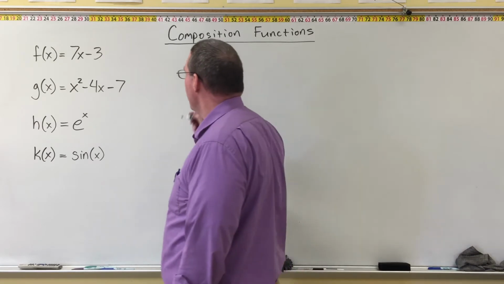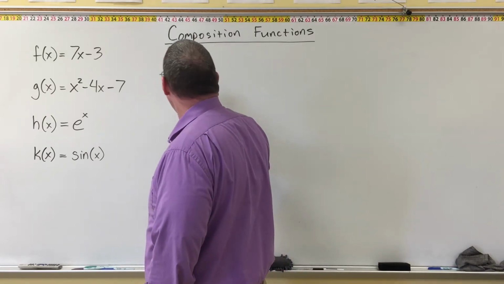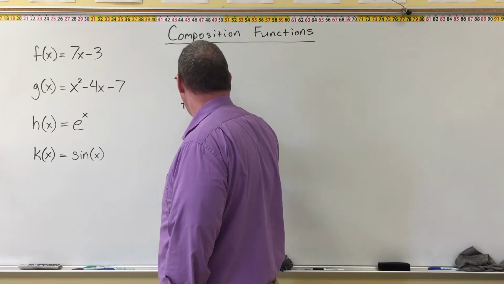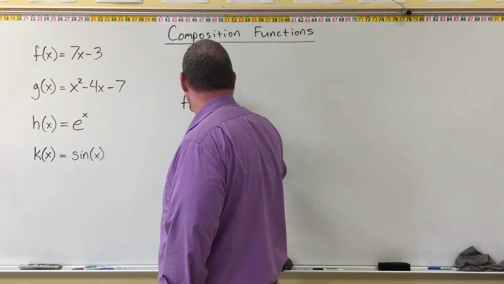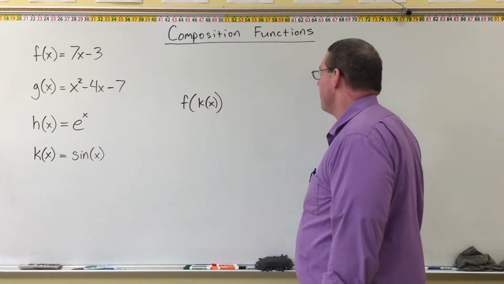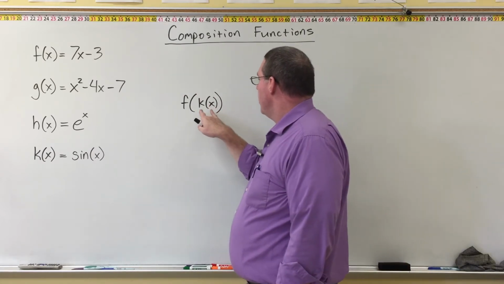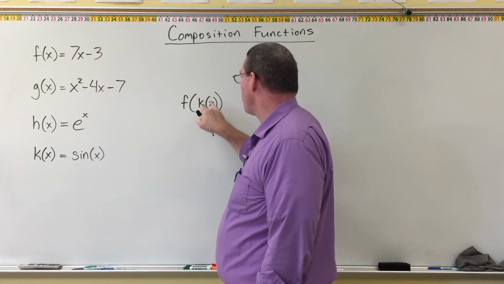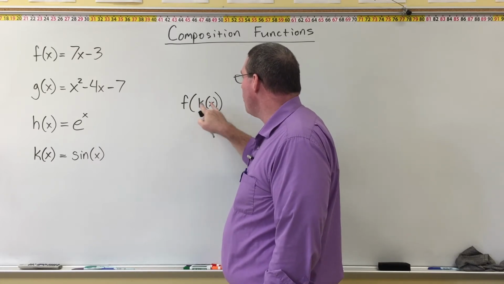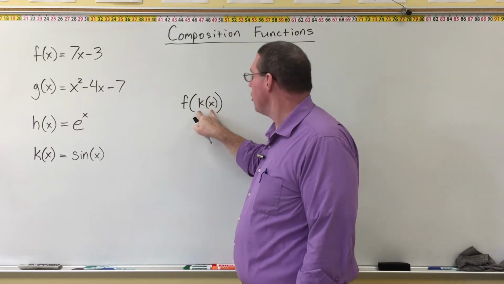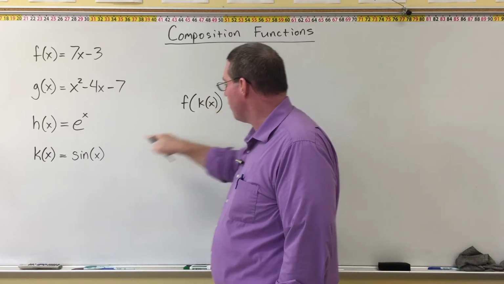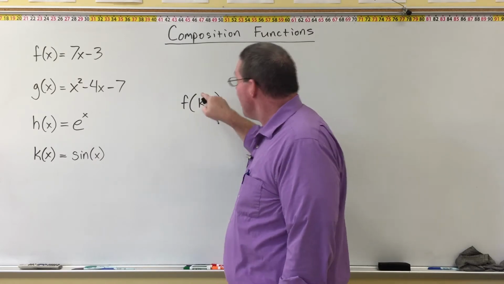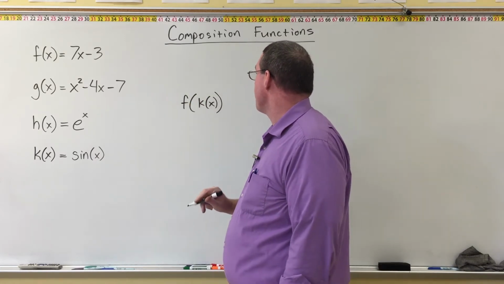So let's say that I want to identify f of k of x. And here's what I'm showing you, all right? Instead of having an x here, instead of having f of x, we're replacing x with a whole other function. We are putting the k of x function, which is sine of x, in the place of the x in f of x.